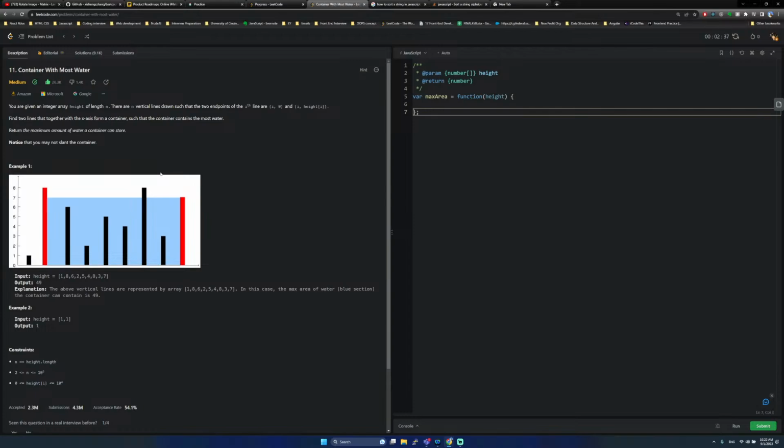So how do you calculate an area to find two lines that together with the x-axis form a container that contains the most water? Return the maximum amount of water a container can store. Notice that you may not slant the container.